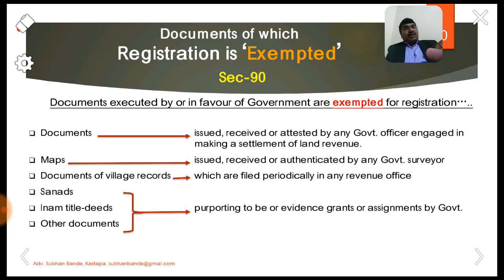The documents of village records which are filed periodically in any revenue office are exempt. The sanads, inam title deeds, and other documents purporting to be or evidence grants or assignments by the government are exempted from registration as under Section 90.